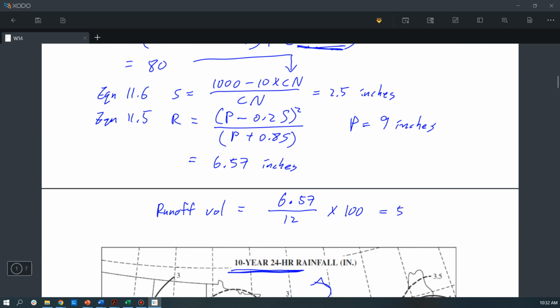So we get that the total runoff volume is 54.8 acre-feet.